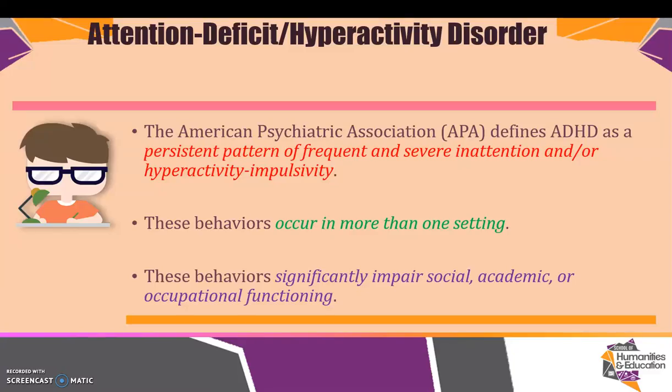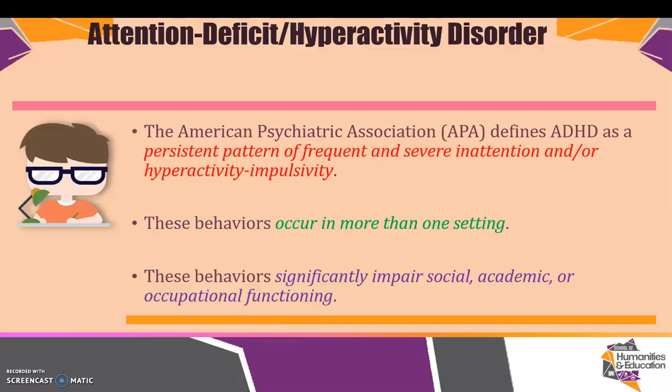What then is ADHD? Well, the APA defines it as a persistent pattern of frequent and severe inattentive or hyperactive impulsive behavior. The behaviors must occur in more than one setting for a diagnosis of ADHD to be given.